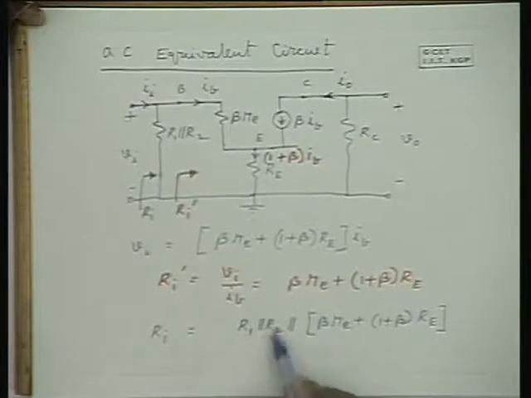If this itself is say 1K and this is 1 mega ohm or 100 kilo ohms, the parallel combination is going to be 1K itself, because this is negligible compared to this. But if this is 100K and previously beta Re is 1K, the parallel combination would have given you approximately 1K. Now if this becomes 100K, the parallel combination will give you 50K. Therefore, this increase in the resistance is effective only when the R1 and R2 parallel combination is very large compared to beta Re.